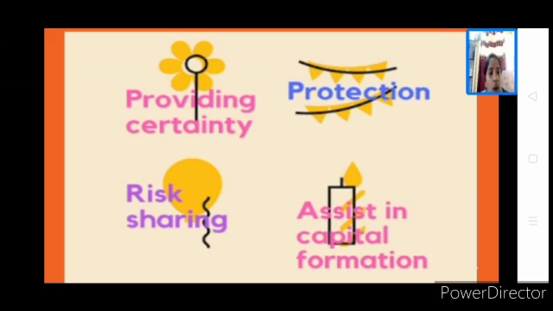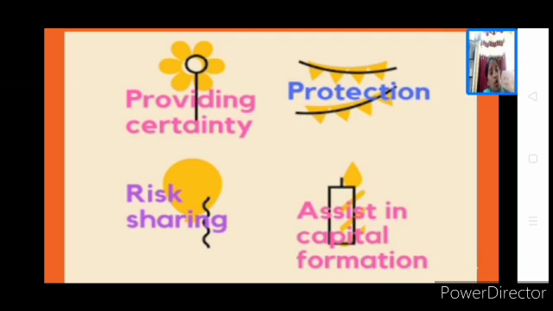First one, if you see, providing certainty. It provides certainty in the sense, I told you, that if you suffer the loss, it's we who give you the compensation. Means it's we who are ready to compensate your loss. With that confidence, what happens? You will start doing any type of business activity. Is it clear?